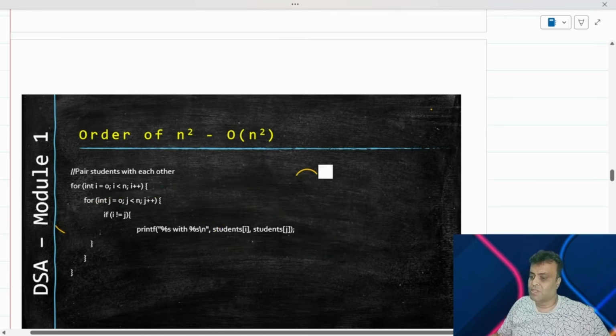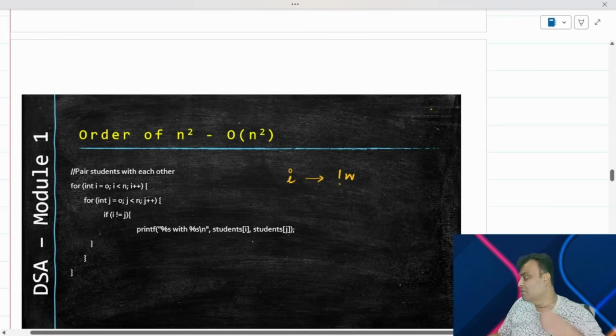Now what about the space complexities here? Can we establish some space complexity here? How many variables are we defining? We are defining i, which requires one word. Why? Because the definition of i will only take place one time. How about j? The definition of j will take place n number of times, so I need n words for that.